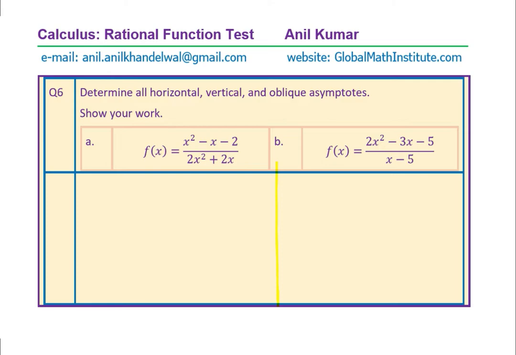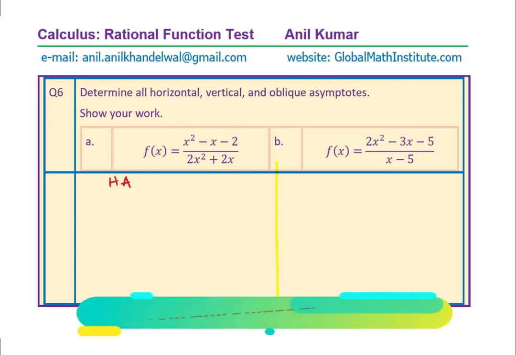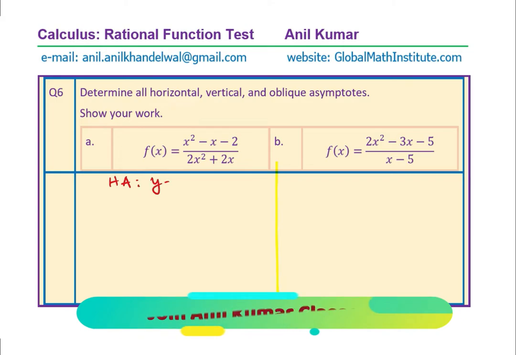Determine all horizontal, vertical, and oblique asymptotes. Show your work. So you know what the horizontal asymptote is here? The horizontal asymptote is y equals half. The idea here is, how do you show your work? Well, the degree of the numerator and denominator being the same, the ratio of leading coefficients is the horizontal asymptote.